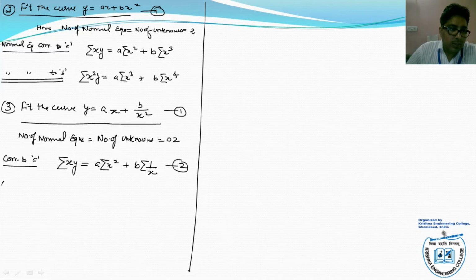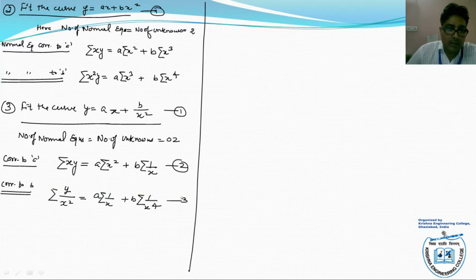This is the second equation. The normal equation corresponding to b: the coefficient of b is x square, so multiply the whole equation by x square and take the summation. So this equation becomes y upon x square is equal to a over x and b over x to the power 4, and take the summation sigma x, taking the constant outside.